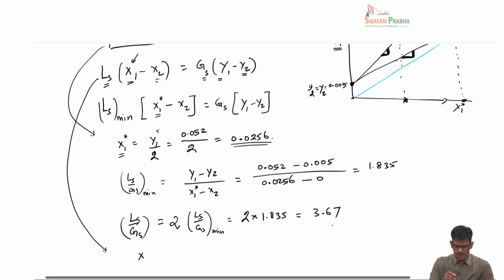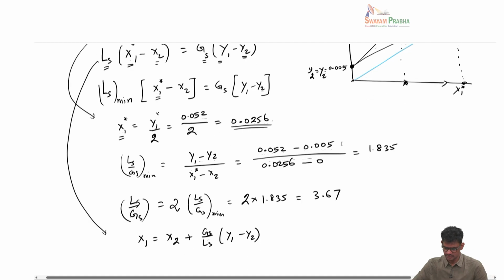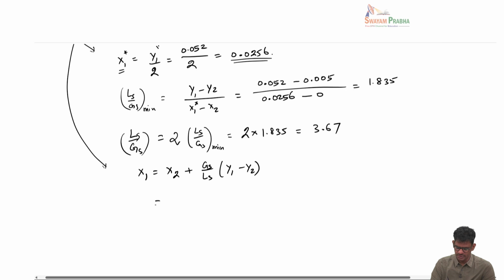From this mass balance equation, you can solve for x1. This will be x2 plus Gs by Ls into y1 minus y2. So x2 is 0 because it is pure water, and Gs by Ls will be 1 by 3.67, y1 is 0.052, and y2 is 0.005.